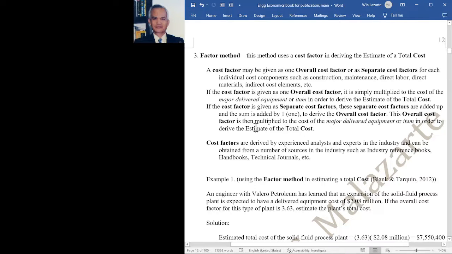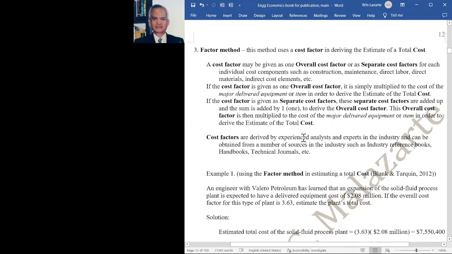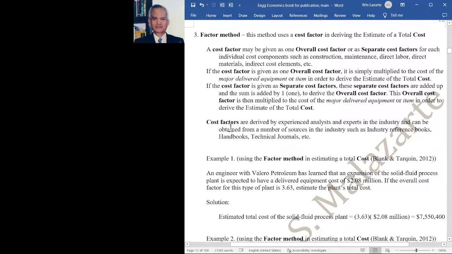This overall cost factor is then multiplied to the cost of the major delivered equipment or item in order to derive the estimate of the total cost. Now, cost factors are derived by experienced analysts and experts in the industry and can be obtained from a number of sources in the industry, such as industry reference books, handbooks, technical journals, etc.